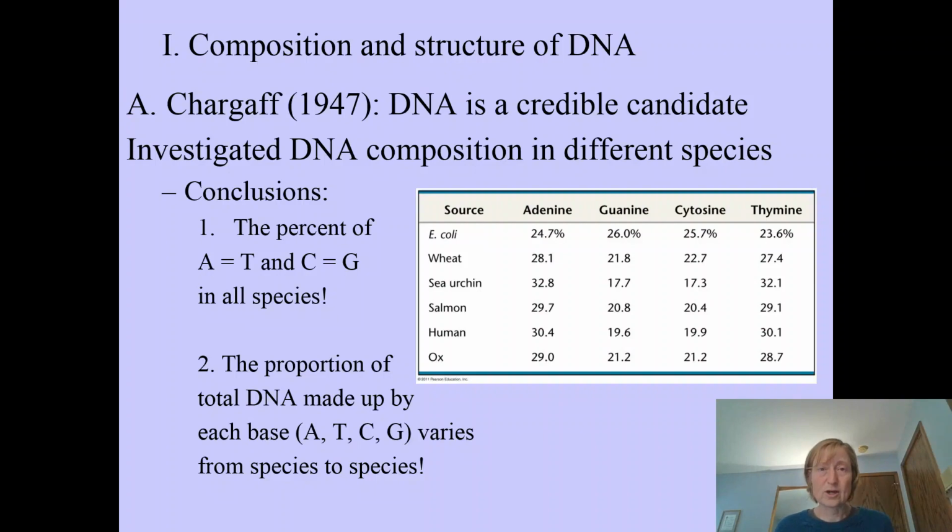Researchers thought it was proteins, because proteins are really complicated. All proteins have unique three-dimensional shapes. They can be really complex, and genetic information seems pretty complex. Maybe it's proteins that are the heritable molecule.